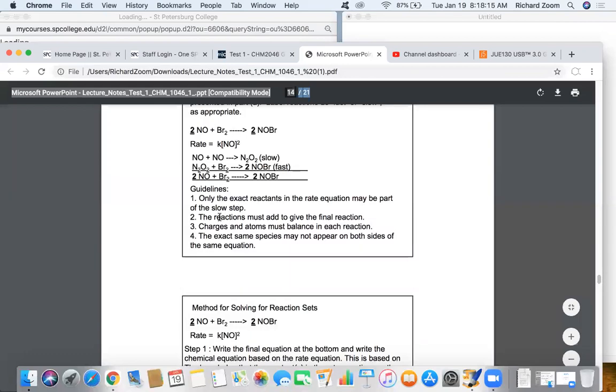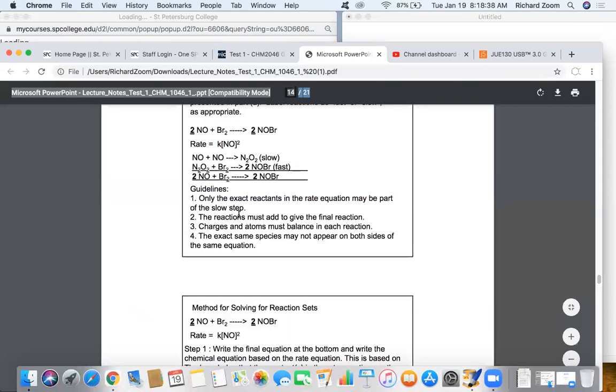The next thing is the reactions you come up with must all add up to give the final reaction. Charges and atoms must balance in each reaction, and the exact same species may not appear on both sides of the same equation. I'm going to wait on explaining that because it's easier to explain once you see the process.